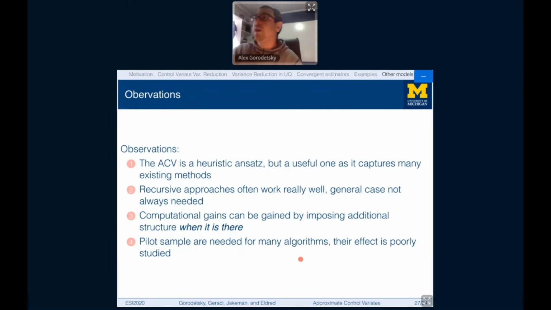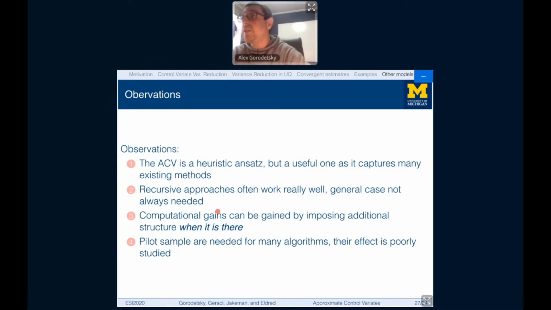Now a couple of observations to lead into a very brief discussion about one other topic. The first is that the approximate control variate is a heuristic ansatz. Okay, so we just through intuition developed it because, first of all, we know that the control variate is one way to fusing data together, and the second, these existing very effective techniques can be viewed as an approximate control variate.